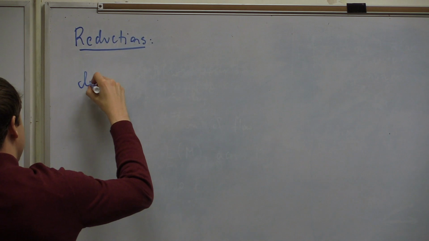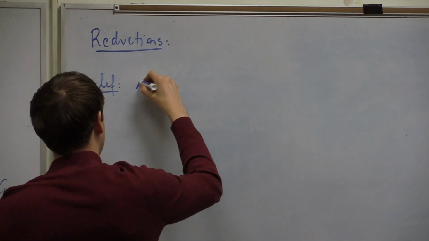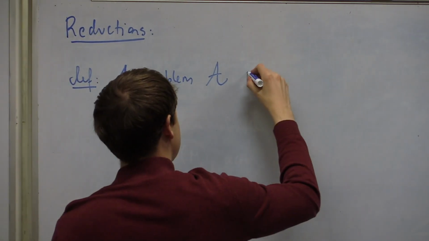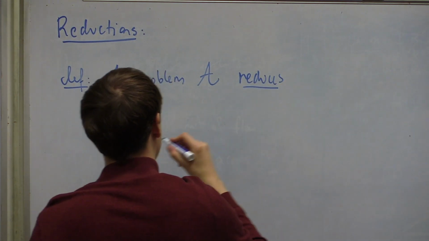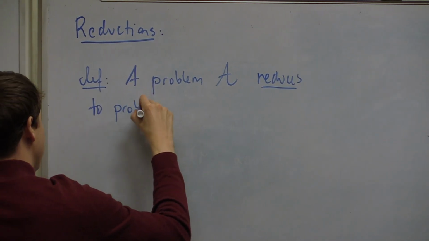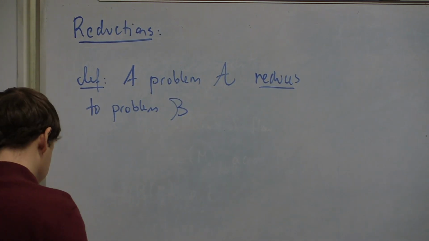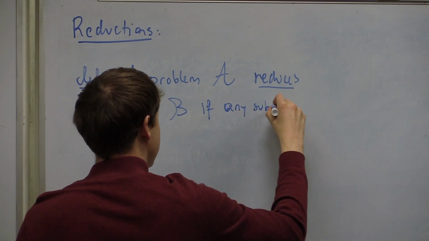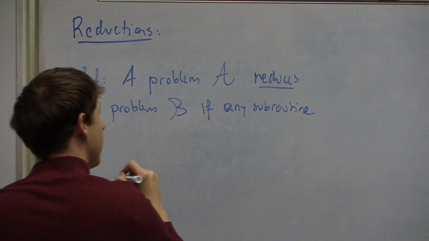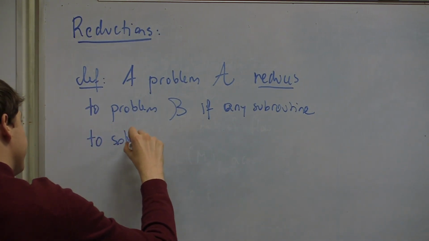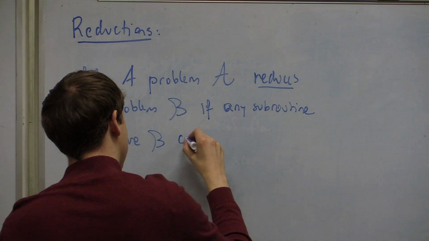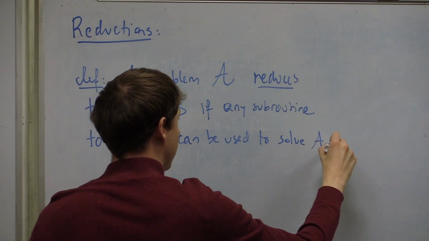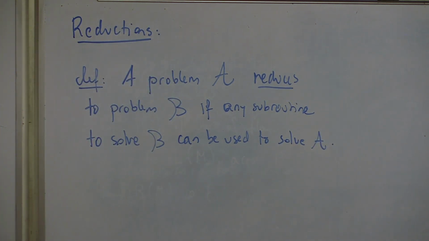So the first definition is that we're going to say that a problem A reduces to a problem B if any subroutine to solve B can be used to solve A. Well, this definition is not entirely precise at this point.